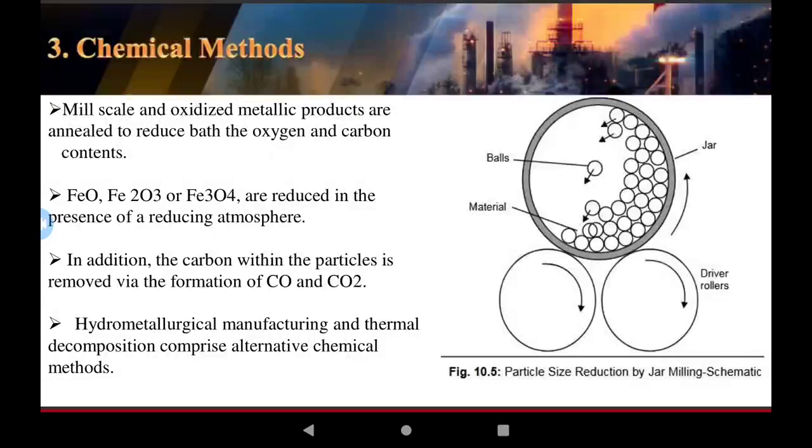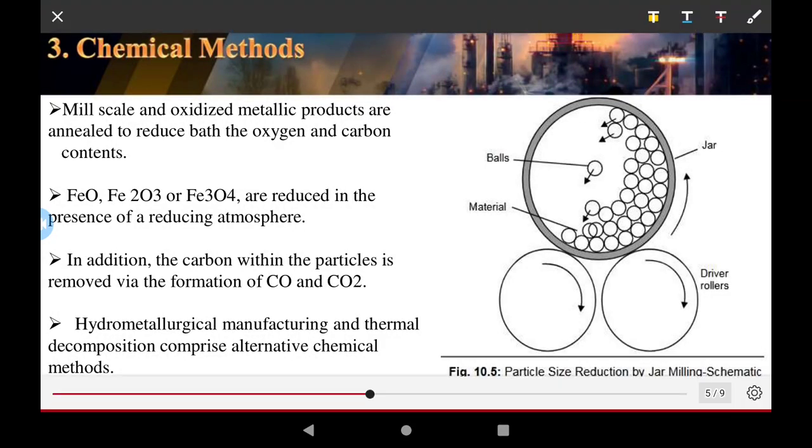In addition, the carbon within the particle is removed by the formation of carbon monoxide and carbon dioxide. Hydrometallurgical manufacturing and thermal decomposition comprise the alternative chemical methods required for making powder metallurgy in this operation.